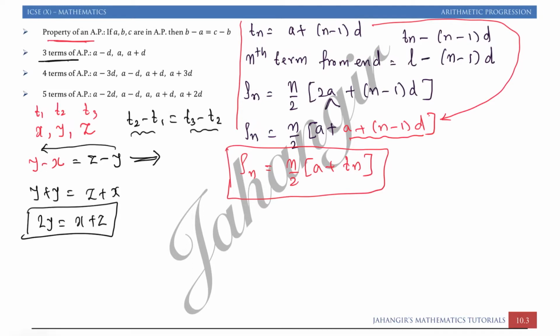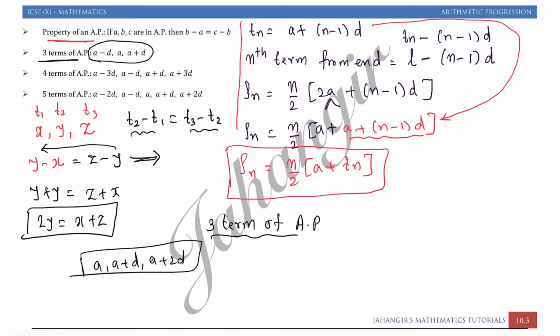This also you can remember, or just remember the difference between consecutive terms is the same. When you need to find three terms of AP, always use this pattern. If they are specifying three terms of AP, don't use a plus d, a plus 2d. In this, calculation will be too tough.